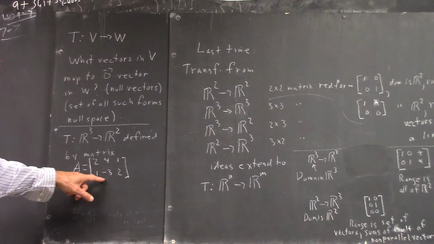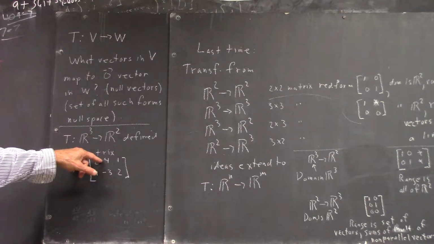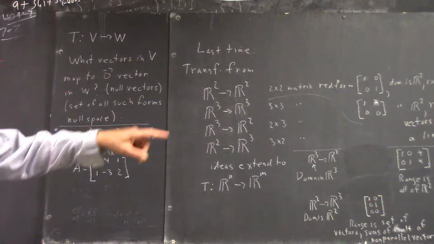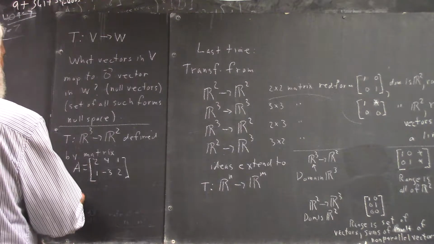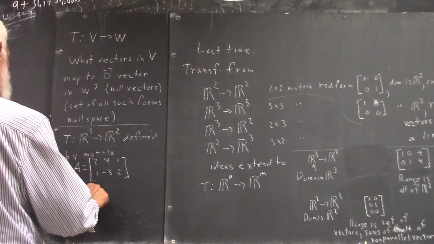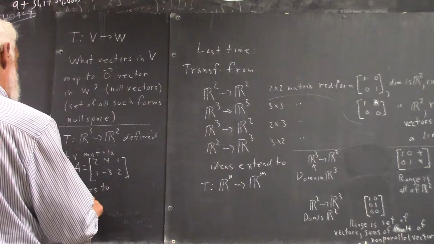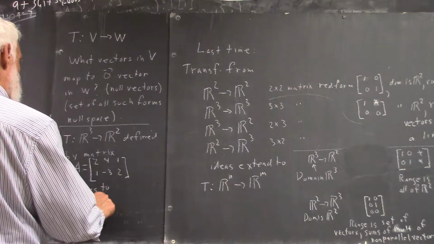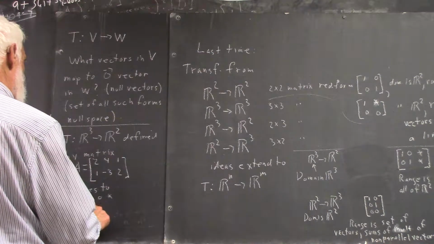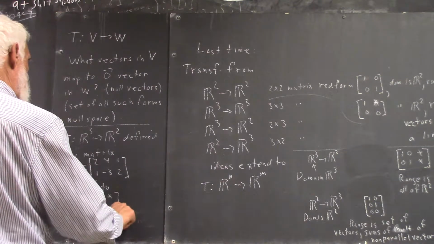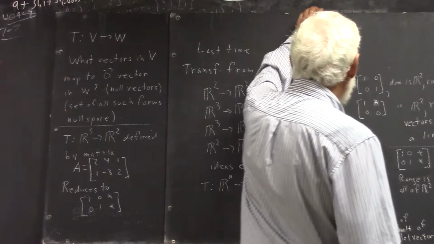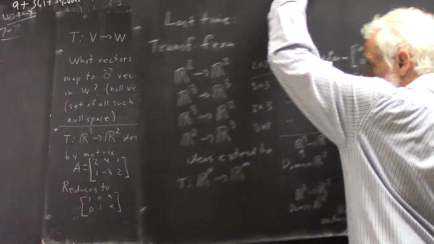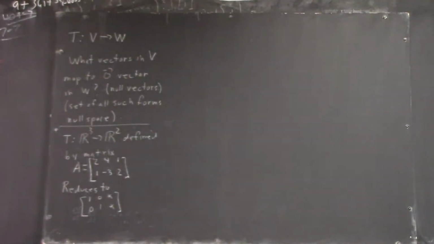Clearly, this row is not a multiple of this row, so the reduced matrix is of this form.